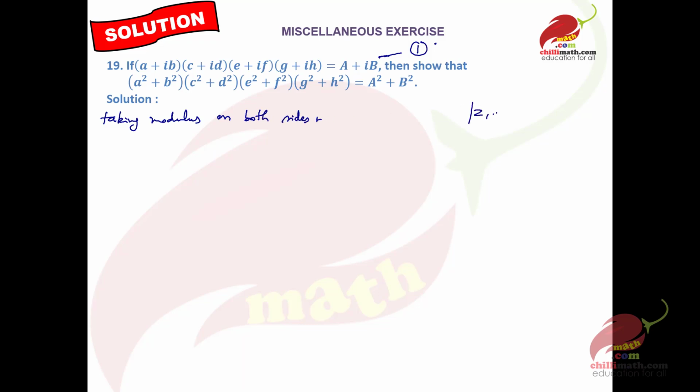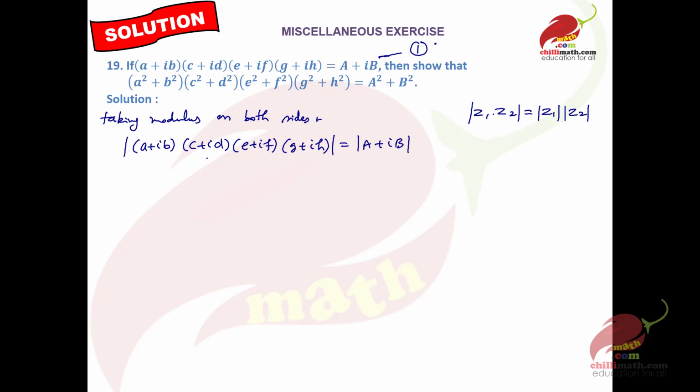as we know, the modulus of product of complex numbers is equal to product of their moduli. So when we take modulus on both sides, I write this step: modulus of (a plus iota b) into (c plus iota d) into (e plus iota f) into (g plus iota h) is equal to modulus of a plus iota b.